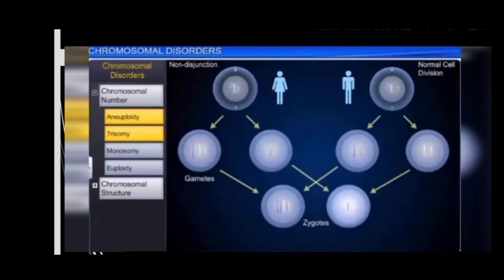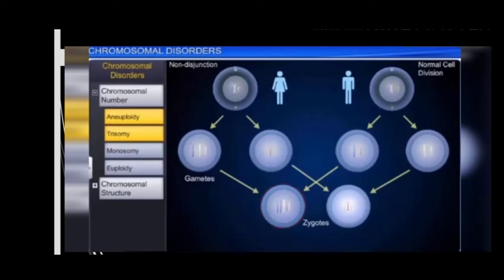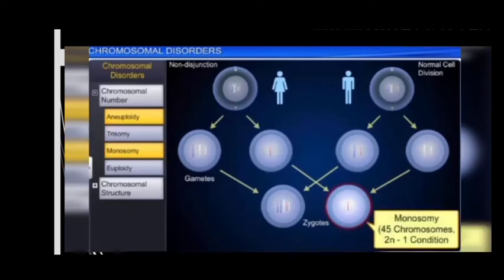However, when an extra chromosome is added, the condition is called as trisomy, that is a 2n plus 1 condition. Whereas when a chromosome is lost, or when a chromosome of any pair is absent, the condition is known as monosomy, that means 2n minus 1 condition.